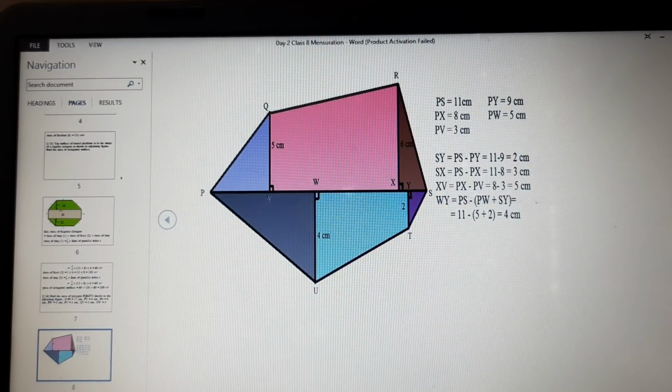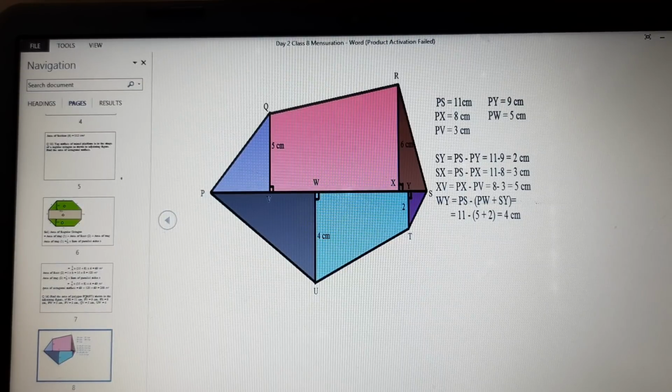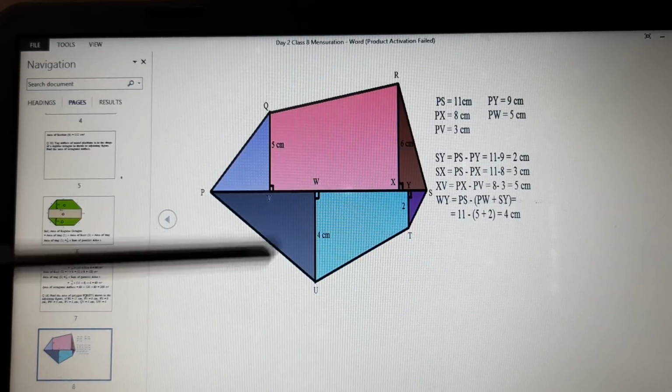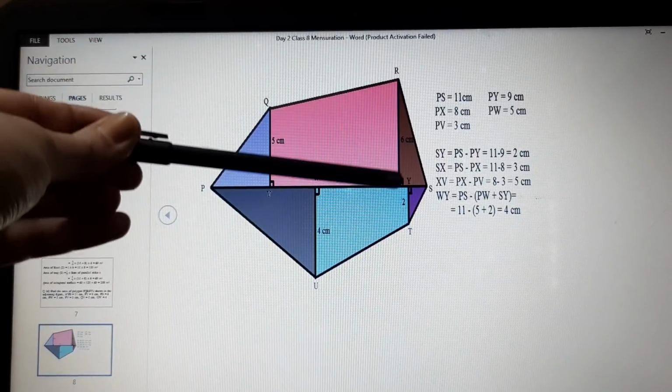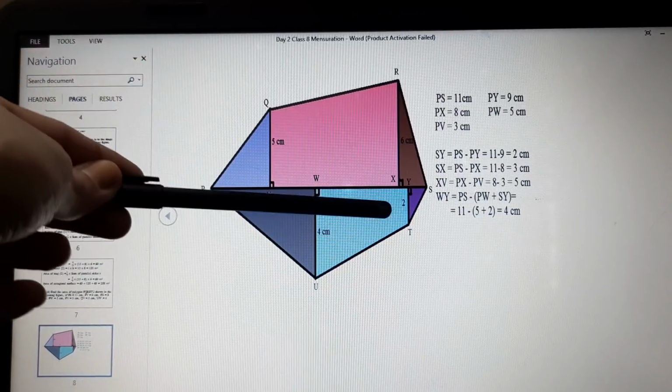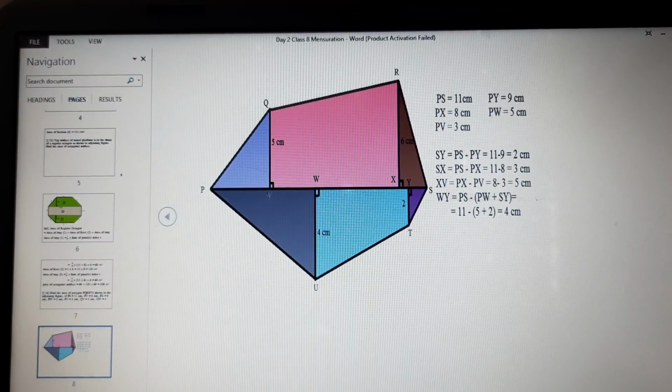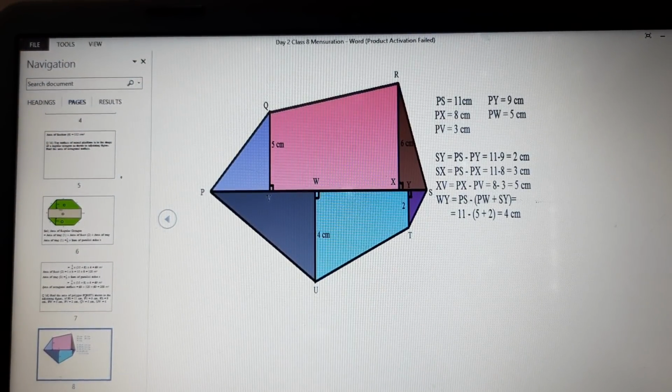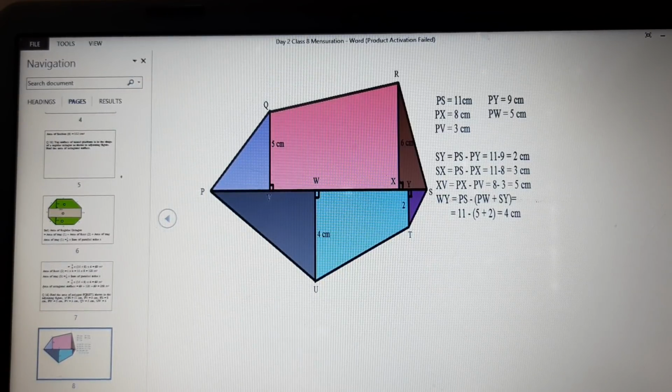Okay. The formula for the area of a triangle is 1 upon 2 into base into height. So if we take triangle RXS, the height RX is given, it is 6 centimeter. We have to find out XS.